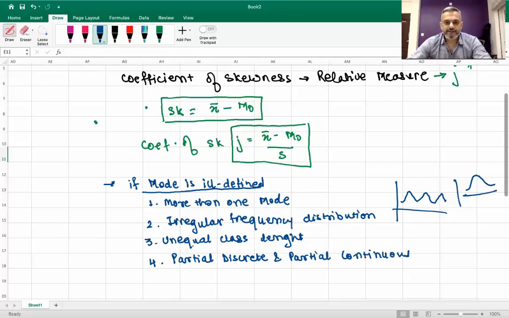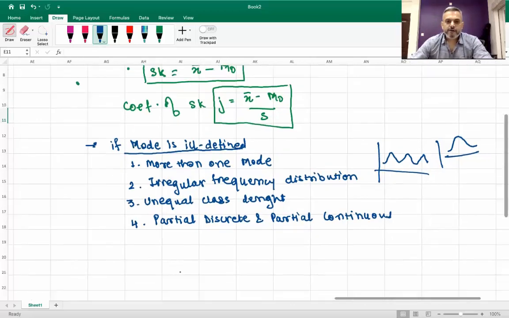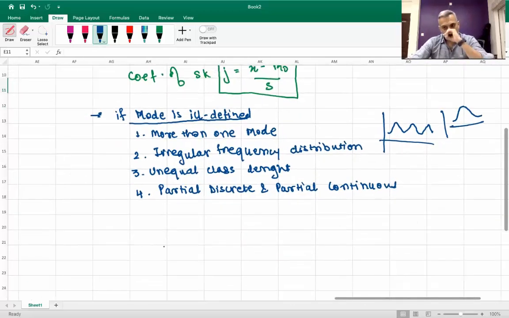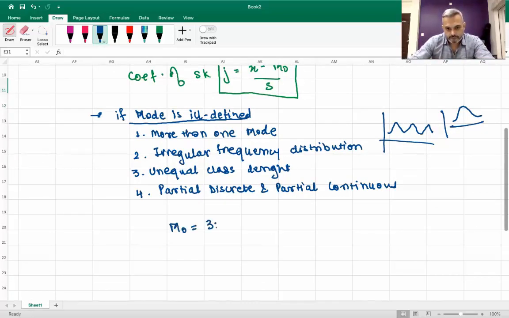So in all these four cases, we say mode is ill-defined. So in that case, what we have to do is, mode is equal to 3M minus 2x bar. So this becomes the formula for mode what we have seen.